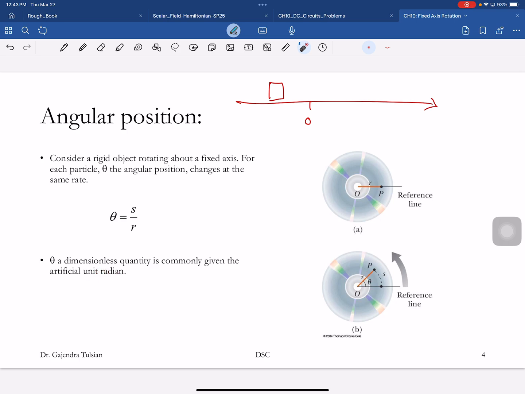But a radian is dimensionless. So if s is equal to r, that will be 1 radian. And in degrees, 1 radian works out to be about 57 degrees. In a full circle, the arc length is 2 pi r divided by r, so theta is equal to 2 pi radians.